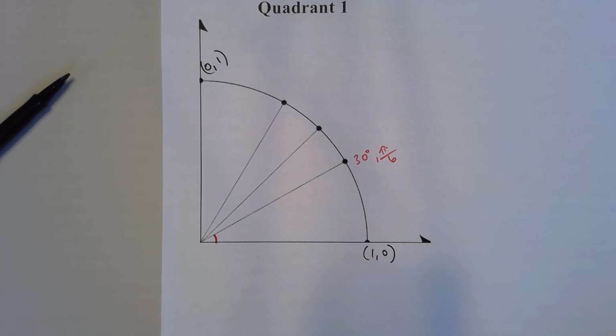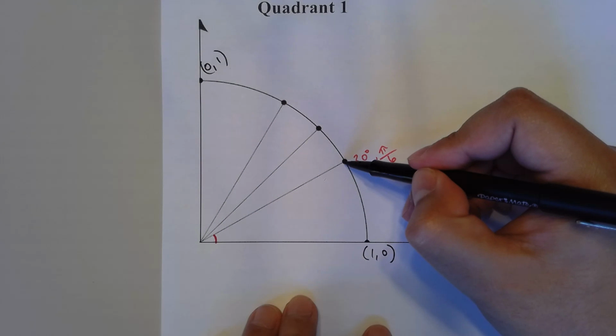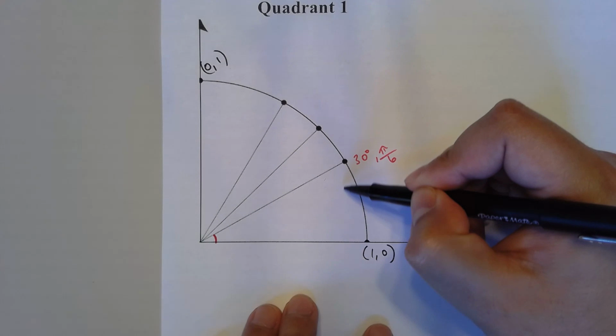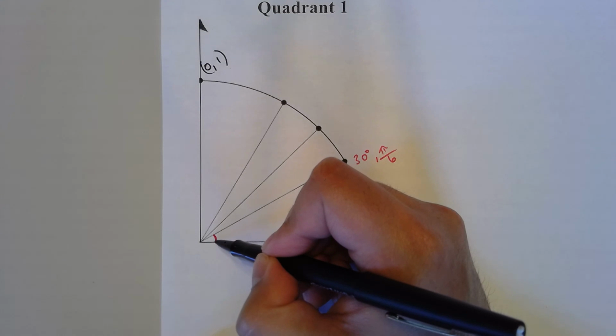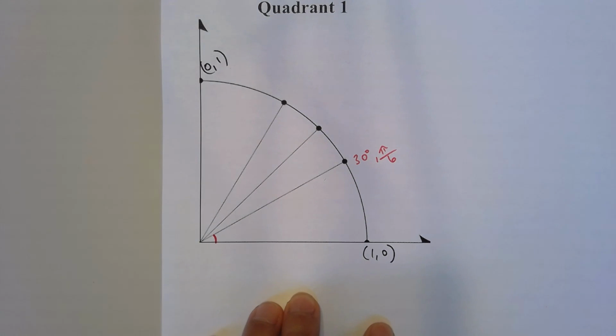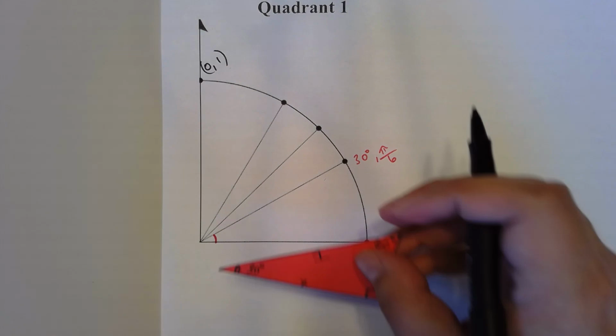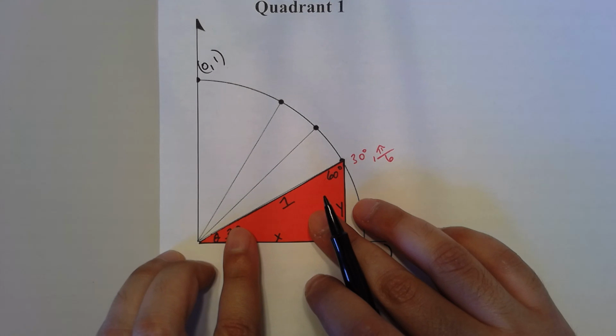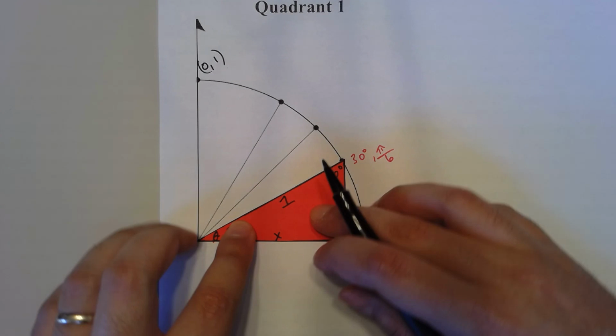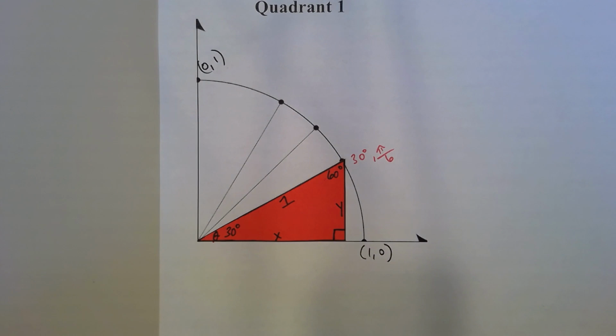So what happens is if I draw a line down from the dot to the x-axis, this angle here is what's called the reference angle from last notes. It's going to make a special type of right triangle. Why is this important? Because it's going to help us figure out the coordinates.